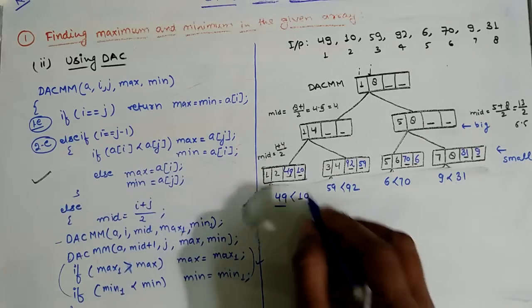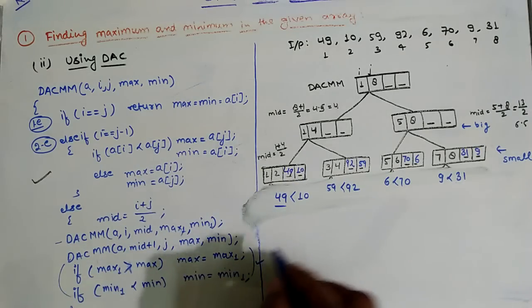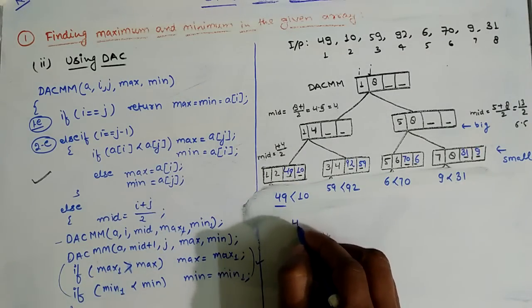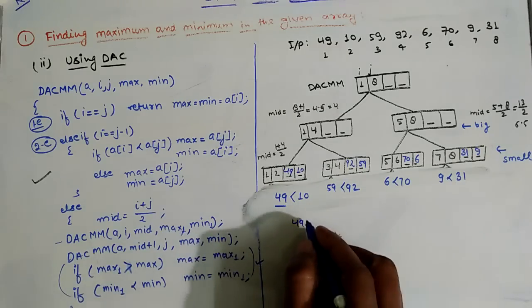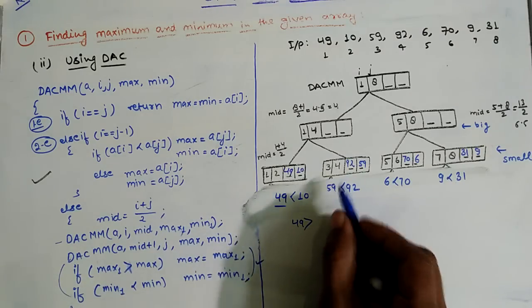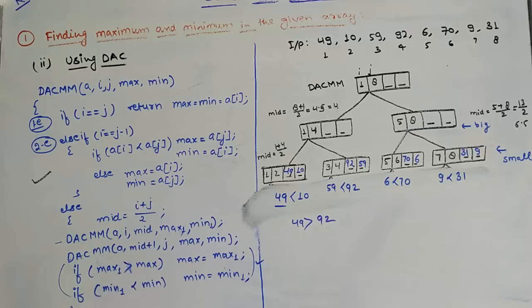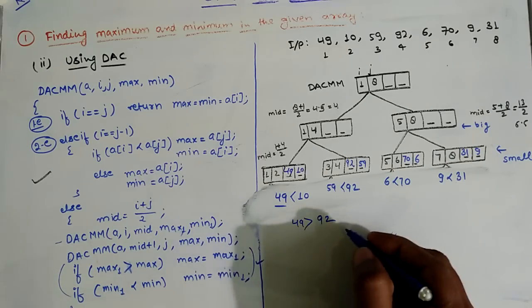So I check whether max 1, which means 49, is greater than 92. It is not the case, 49 is not greater than 92. So what we do, we update the max.